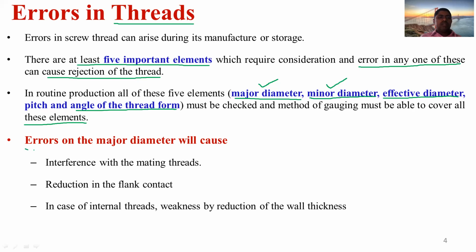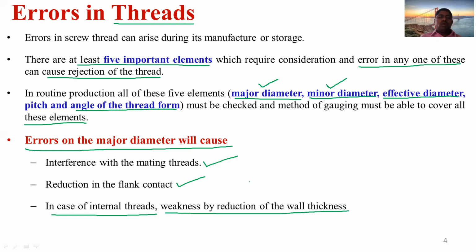The errors of the major diameter will cause interference with the mating threads and a reduction in the flank contact. In case of internal threads, the wall thickness is reduced, so it weakens by reduction of the wall thickness.